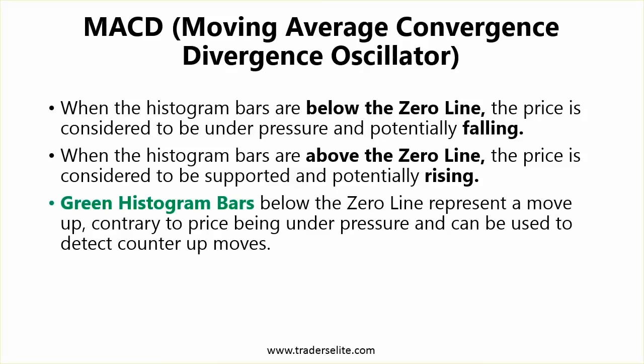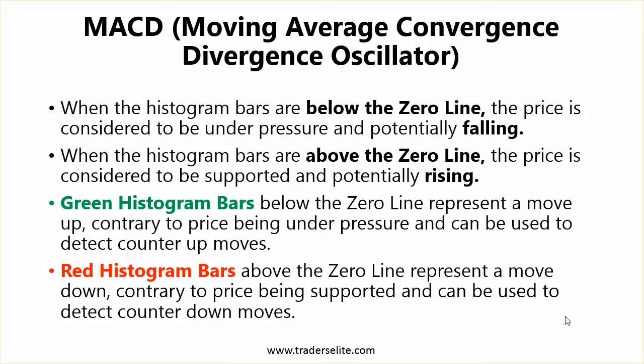Green histogram bars below the zero line represent a move up, contrary to the price being under pressure, and can be used to detect counter up moves. Okay, so even if it's under pressure, when you see a green histogram bar, that's a first sign or first alert that the price could be moving contrary to the downward move.